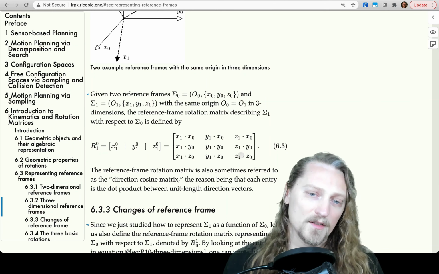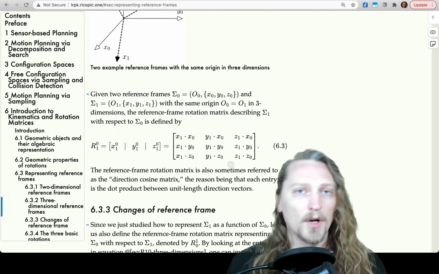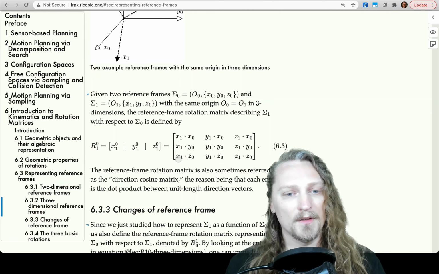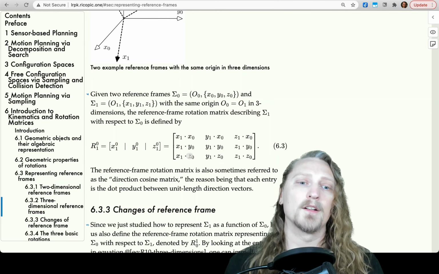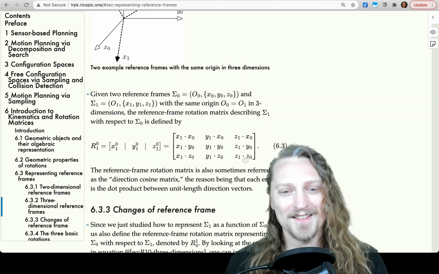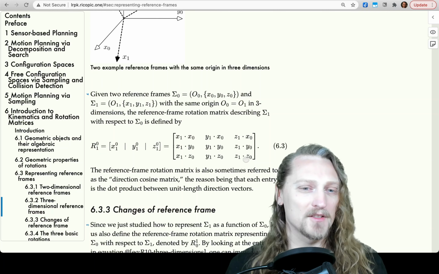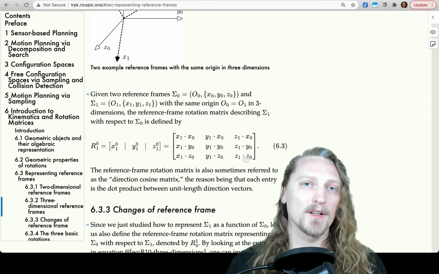So this third column now is here. Also, this third row appears, which is the x1 vector dotted with z0, the y1 vector dotted with z0, and the z1 vector dotted with z0. Okay, that's our new rotation matrix.